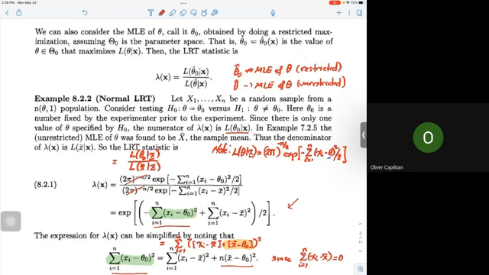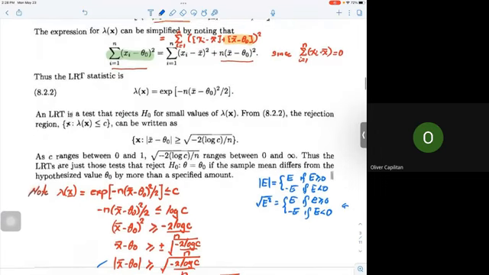But in our numerator, sa numerator natin sa ating lambda of x, we simply look at the supremum of the likelihood function over the entire null parameter space. But since our null parameter space contains only theta sub 0, there is no other value of theta that would maximize the likelihood except theta sub 0. Kaya ito yung nakuha natin na expression. Ito.